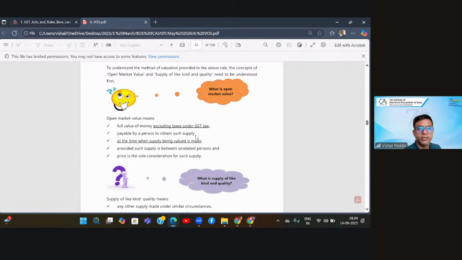So it is the value of my service given to you. That, in simple words, is open market value. Now, importantly, what I am giving to you need not be the service which I am giving to the remaining clients for whom I am doing return filing. I hope you all will agree.